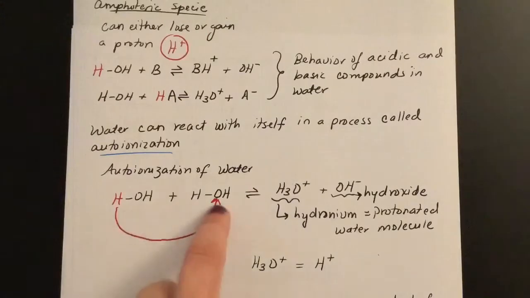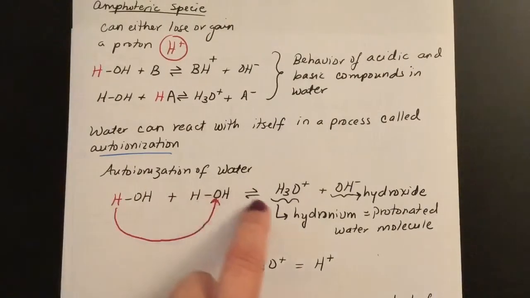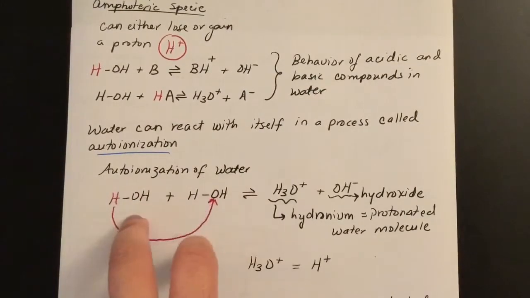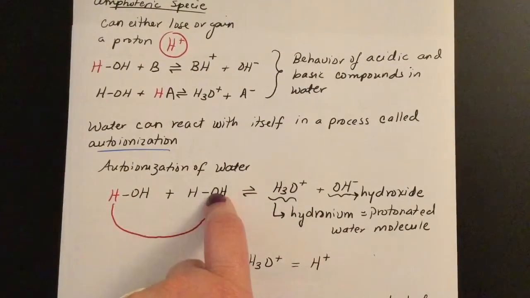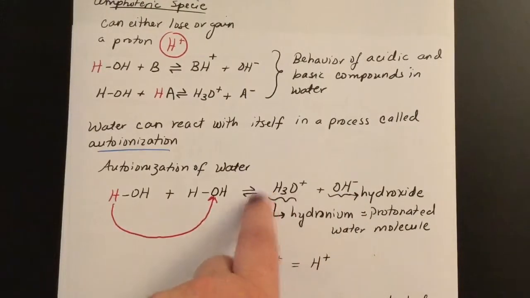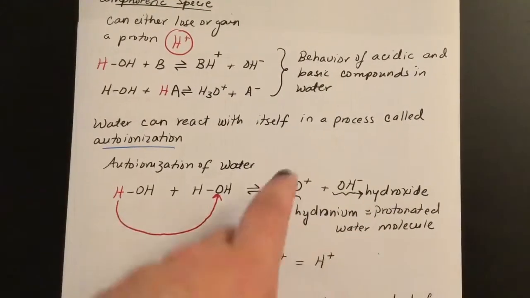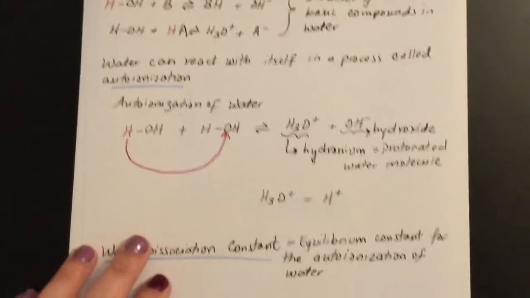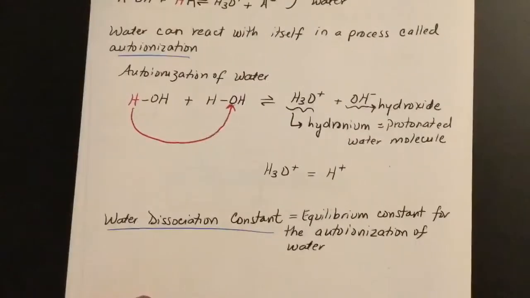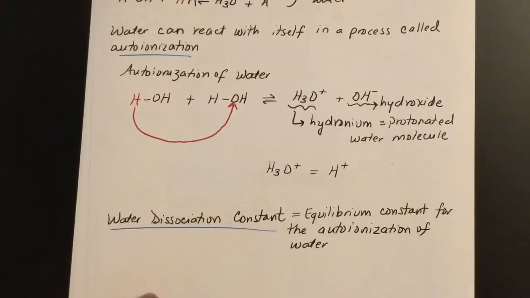If you check here, when you have your autoionization of water, we have an equilibrium. Your two water molecules, one acting as the acid, one acting as the base, give you conjugate acid, conjugate base. It's an equilibrium, which means that we can actually have an equilibrium constant representing that equilibrium. Now remember, your equilibrium constant is not going to show any solids or pure liquids.